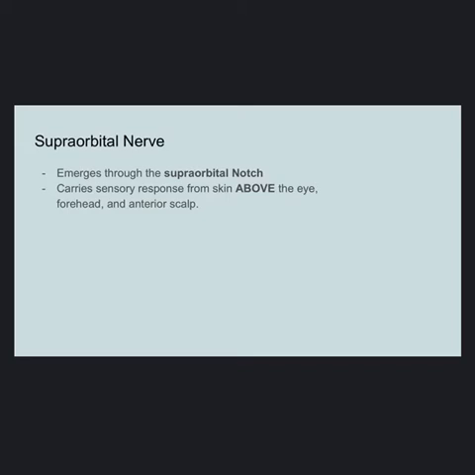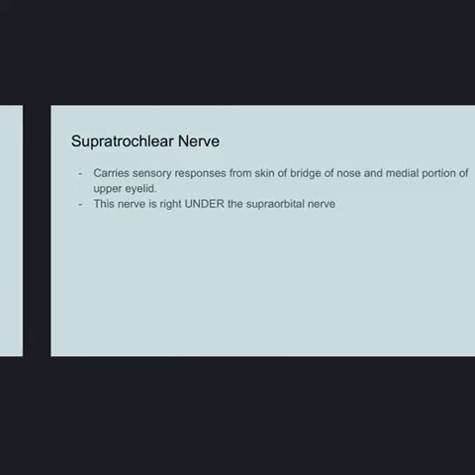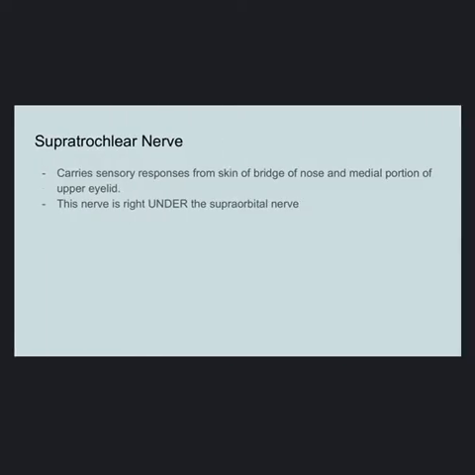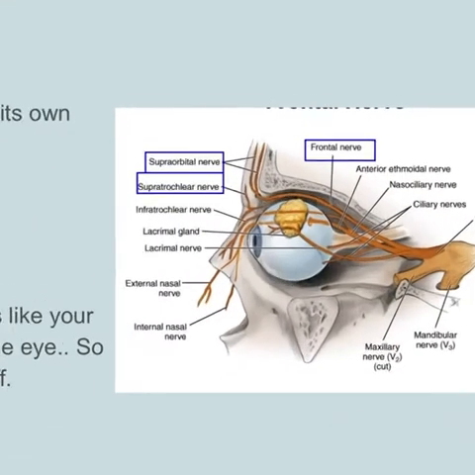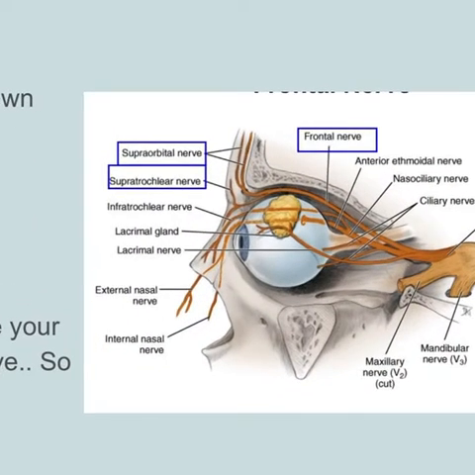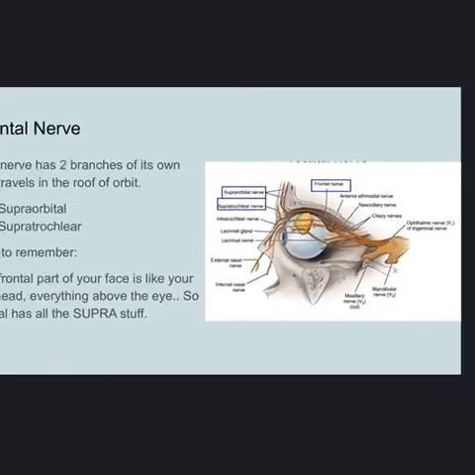It carries sensory responses from the skin above the eye, the forehead, and the anterior scalp. The supratrochlear nerve carries sensory responses from the skin of the bridge of the nose and medial portion of the upper eyelid. This nerve is right under the supraorbital nerve. And let's see if it's on the picture here. As you see, supraorbital is up here and supratrochlear is right under it.